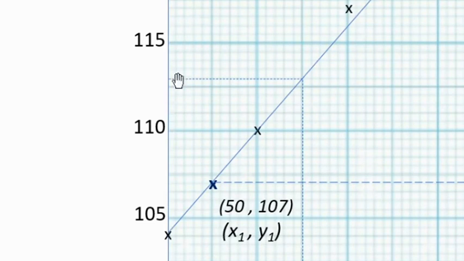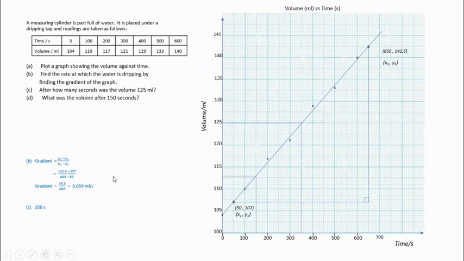Remember that on this scale, 2 of our smallest divisions represent 1. So if the line is here, it means we're at 113 milliliters, because coming down from 115, 114, 113, or if you're counting up from 110, 111, 112, 113. So the answer for D is 113 milliliters.